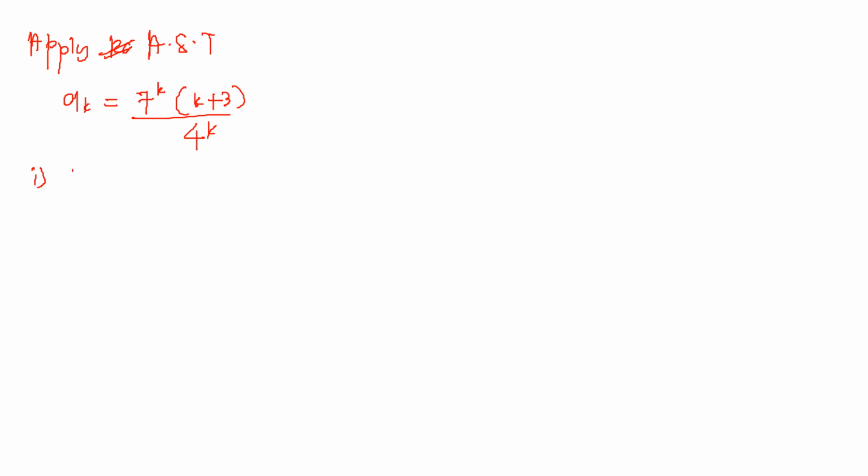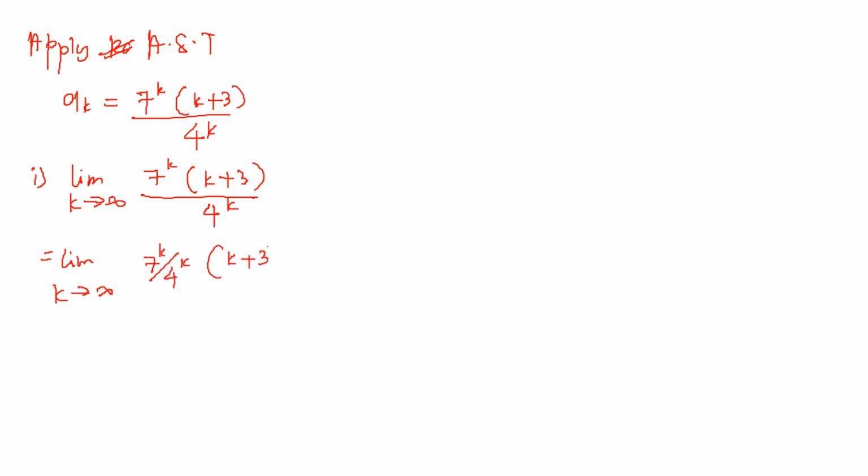For the first condition, we have to check the limit first: limit as k approaches infinity of 7^k (k+3) over 4^k. We can divide with the highest power: 7^k divided by 4^k, times (k+3). After you substitute infinity, you get infinity, which is not equal to 0, so we can say that rule 1 is not satisfied.